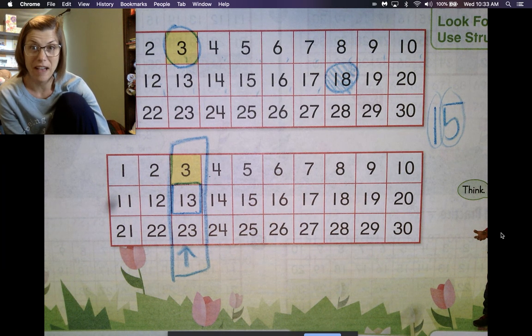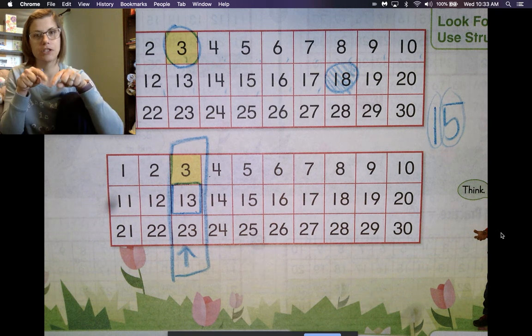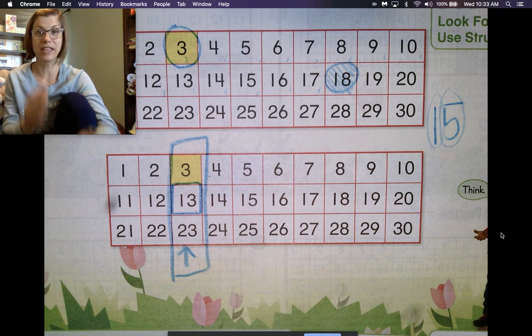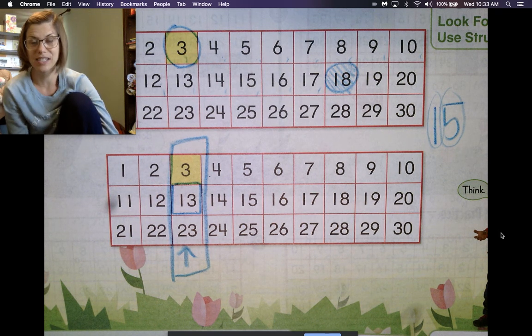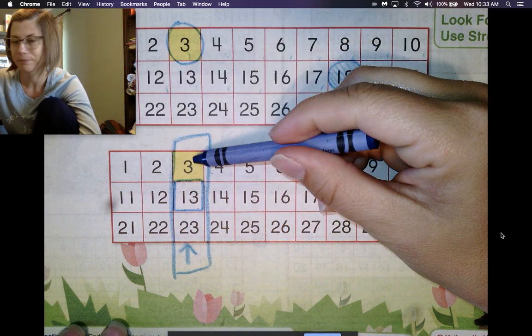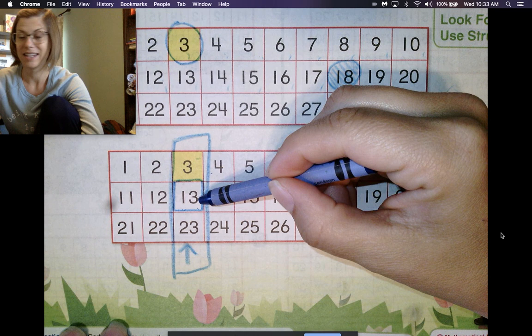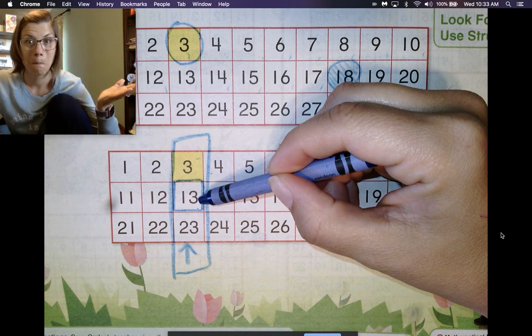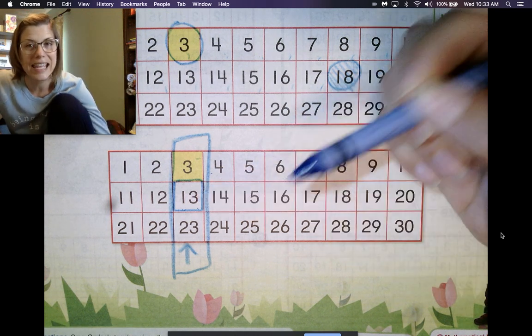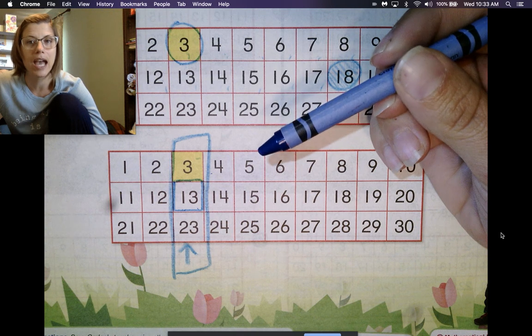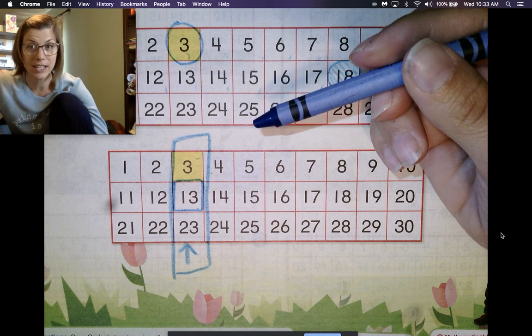It helps you go faster, right? Than if you were to walk, walk, walk, walk, walk. The elevator sends you up and down pretty quick. Watch this. 10. That was so fast. I can count by tens by going up and down in a straight line.